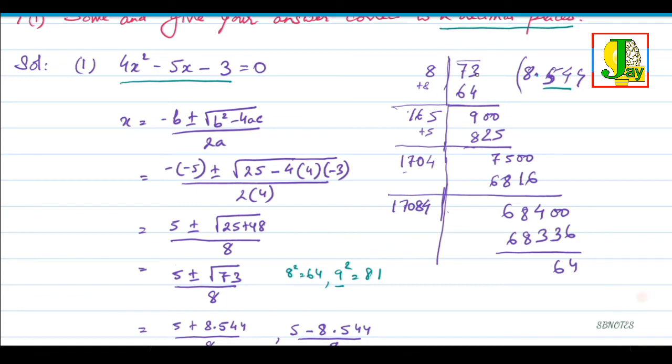Using the division method, how do we find it? We take both the numbers at a time. Okay, 73, so we know 8 into 8, so we'll take the smaller number. We cannot take 9 into 9 because it goes beyond 73. So 8 into 8, 64, just normal division, 9 is left.